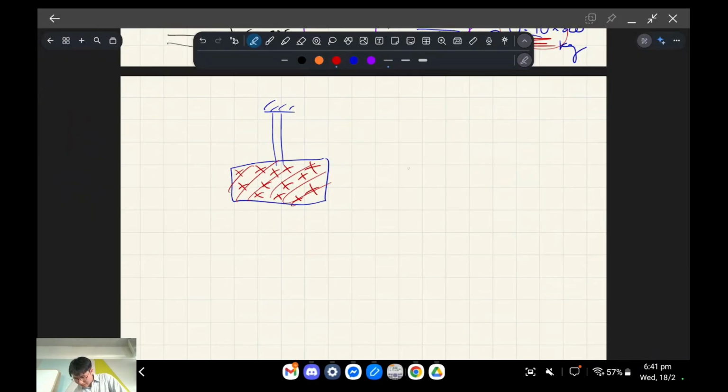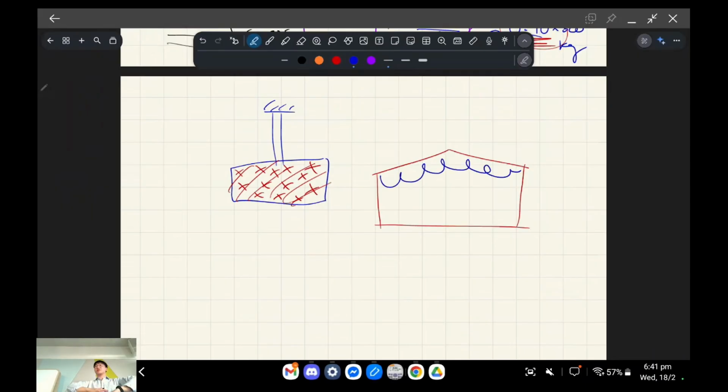Wind can also be acting on the roof of a building, for example. So you could have suction, right? If you have a decrease in internal pressure of this building, it wants to suck in. Oh, sorry, suck in is down.